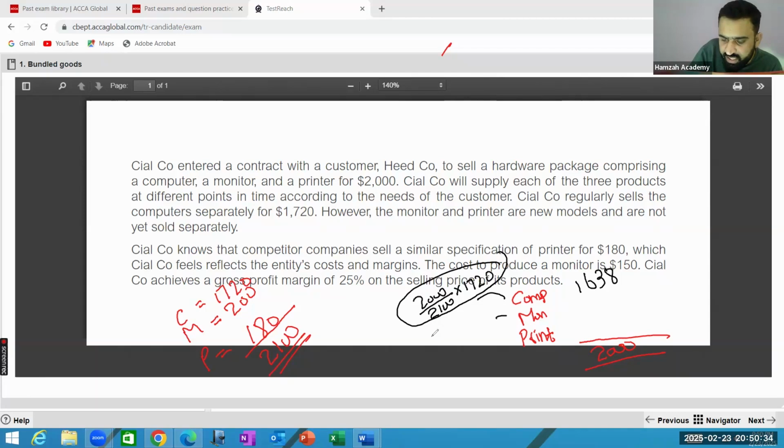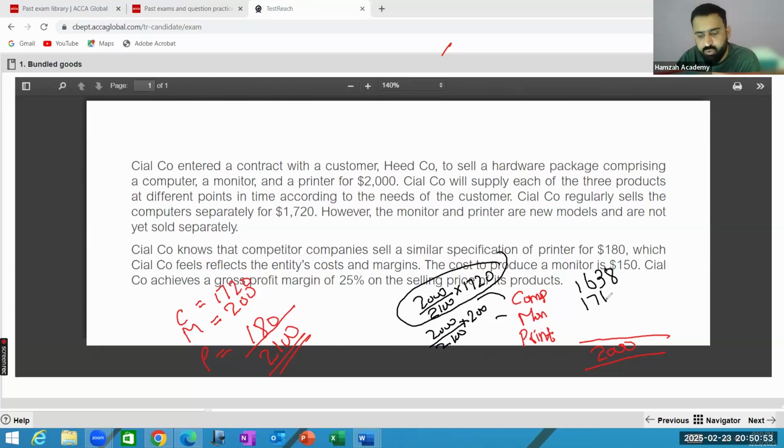Then for the monitor, again, total transaction price divided by total standalone price, into 200. You will have 171, rounding the figure.